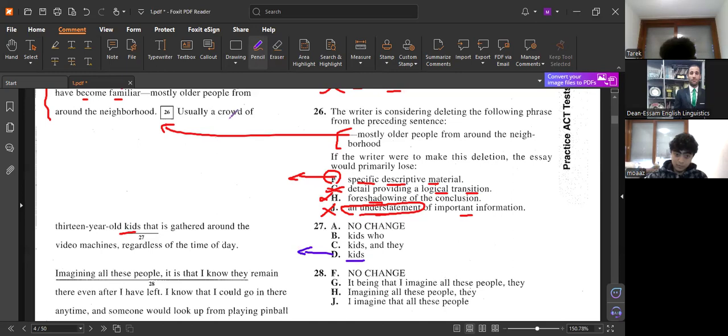Usually a crowd of 13-year-old kids, subject, and then is gathered. So why is it singular? Because you said the crowd, not kids. See, the crowd of kids. Imagine. So it's singular. Remember, of preposition phrase. So I delete the preposition phrase and I find the subject singular. That's fine.